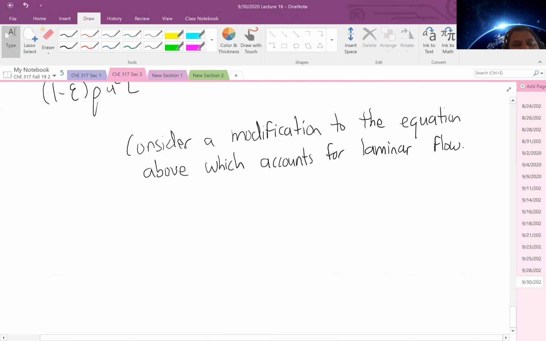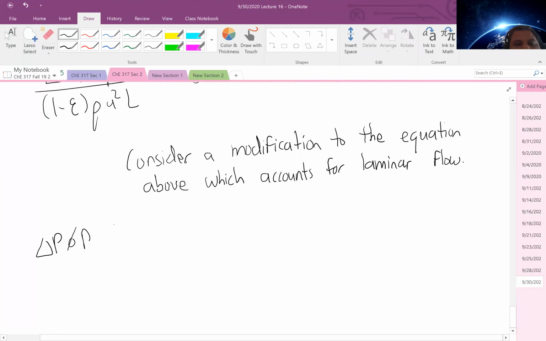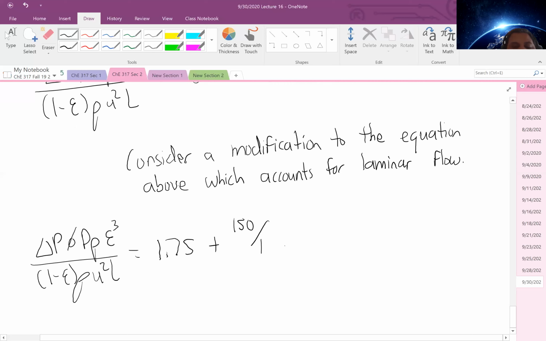And that modification would look like this, where I have delta P times V, diameter of the particle, times epsilon cubed over 1 minus epsilon times their density, velocity squared length equals 1.75 plus 150 over our Reynolds number, where this Reynolds number is calculated as our density times our superficial velocity times our particle diameter divided by 1 minus epsilon over viscosity.